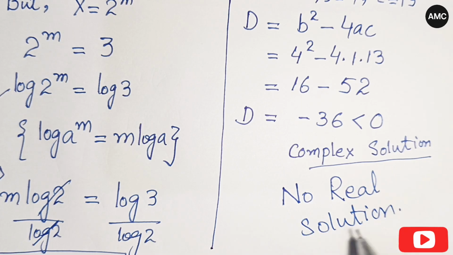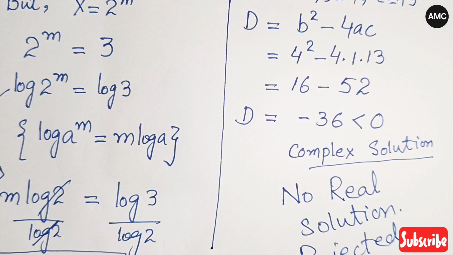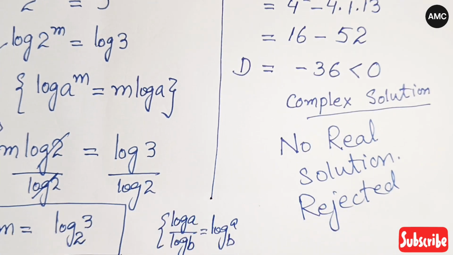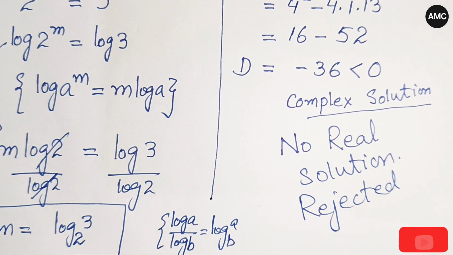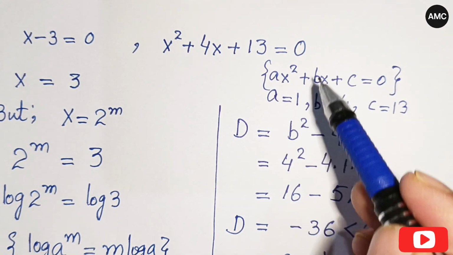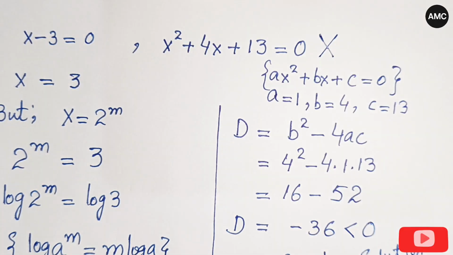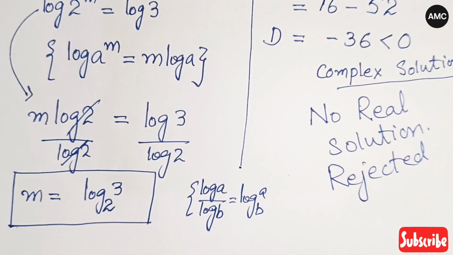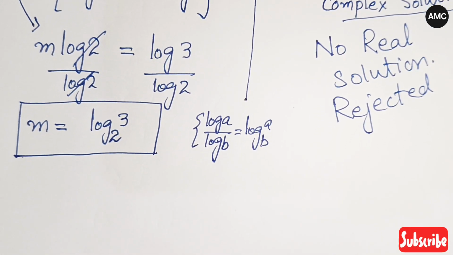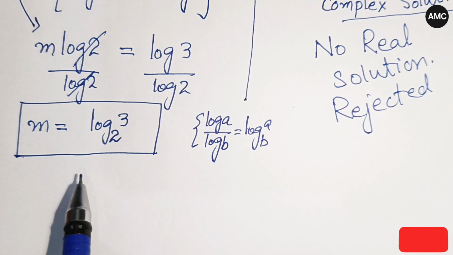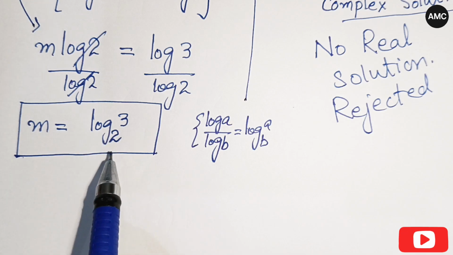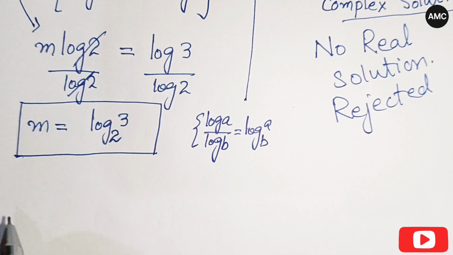If there is no real solution, we are going to reject this equation, which is x squared plus 4x plus 13. Now we take only this value of m, so it is our answer, but we have to verify this answer.